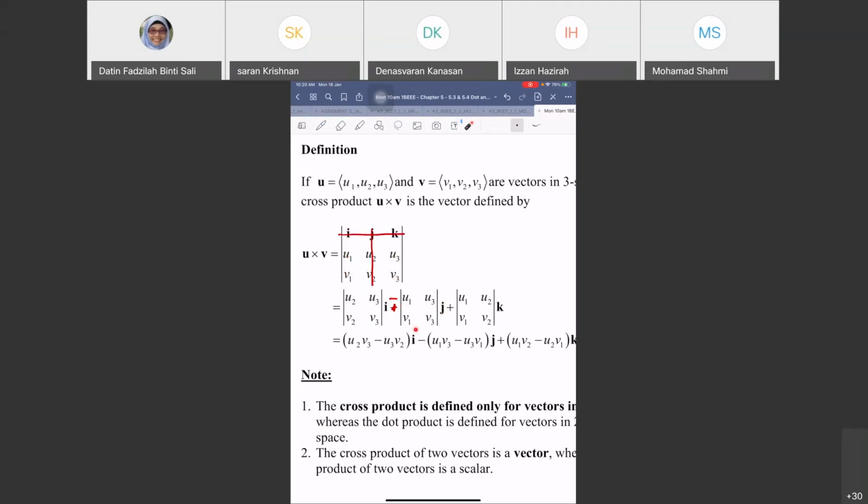This is the determinant of the minor for vector j, and then plus.